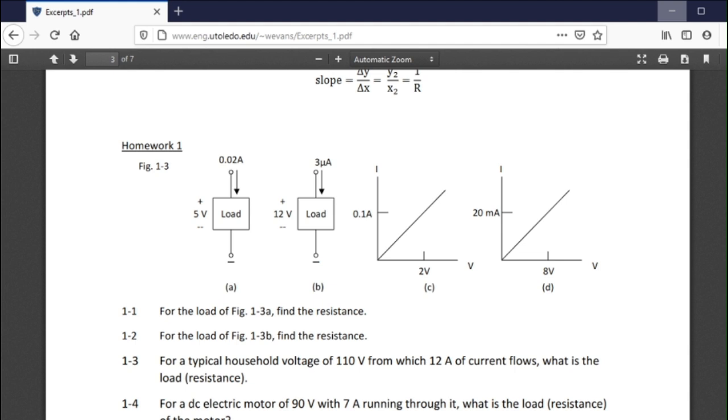Okay, so we're going to look at it. Just a second here, we'll get it going.